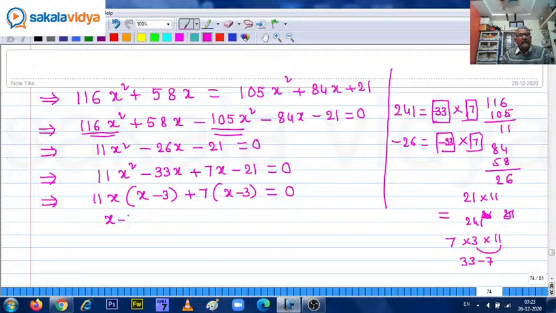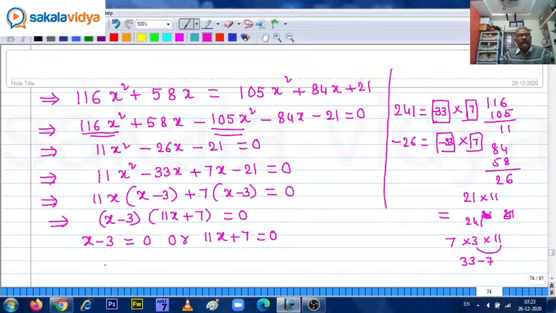So x minus 3 is common, we have 11x plus 7 equals 0. So now x minus 3 equals 0 or 11x plus 7 equals 0. x equals 3 or 11x equals minus 7, x equals minus 7 upon 11.